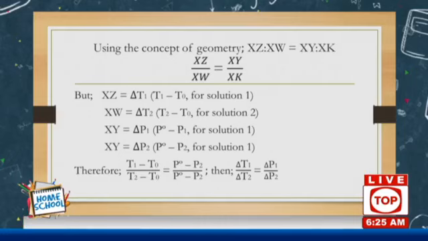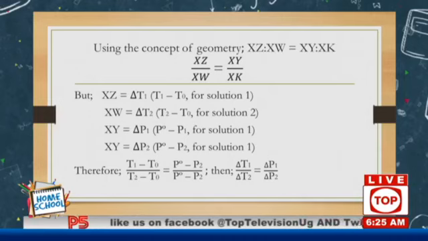Supposed to be P1. Okay? Where there is xy, we put there that. So let us move on.